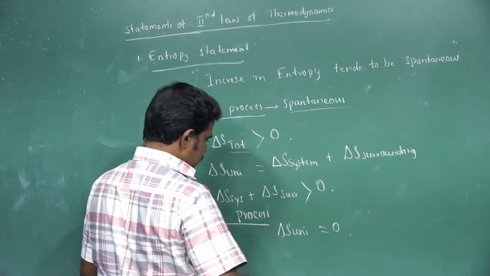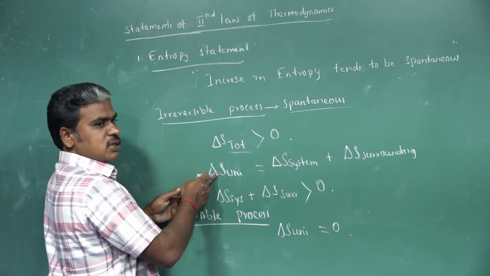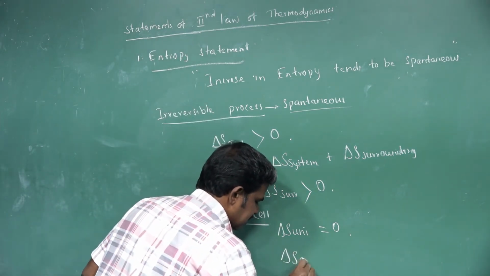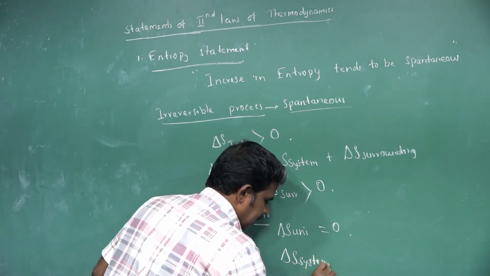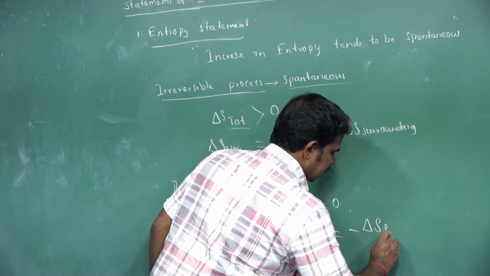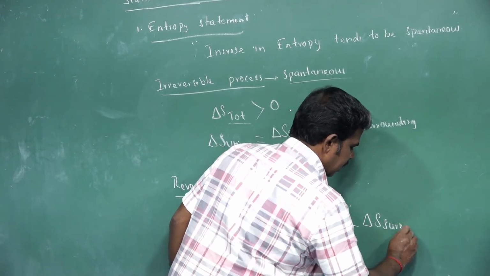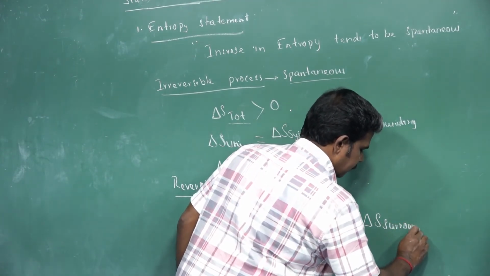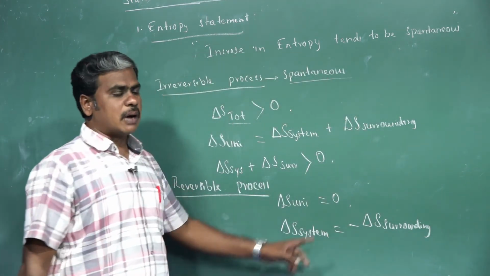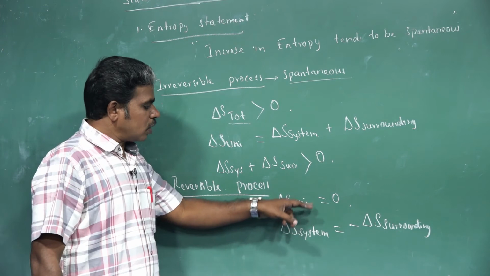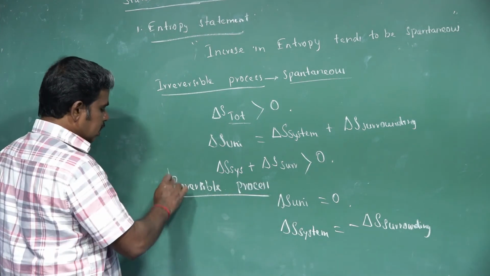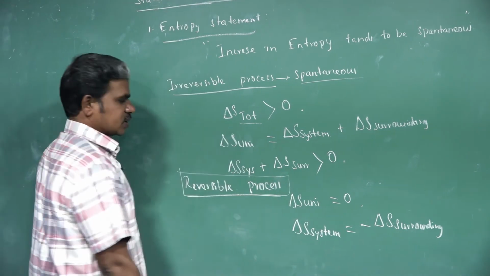If delta S universe is 0, then delta S system is equal to minus delta S surrounding. Then only we may get delta S universe becoming 0 for that reversible process.